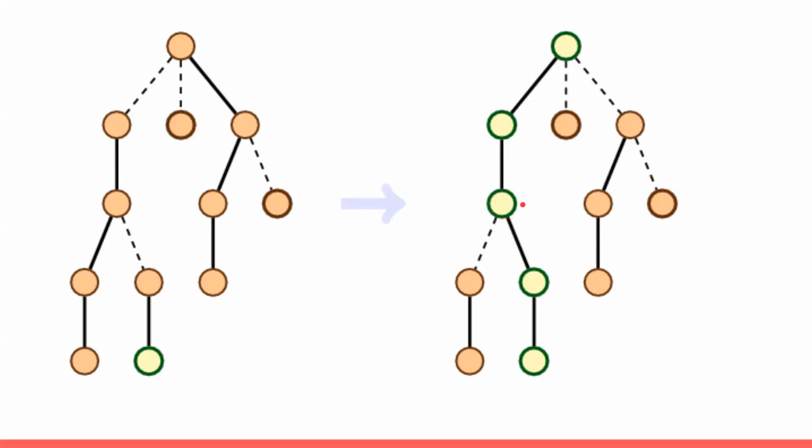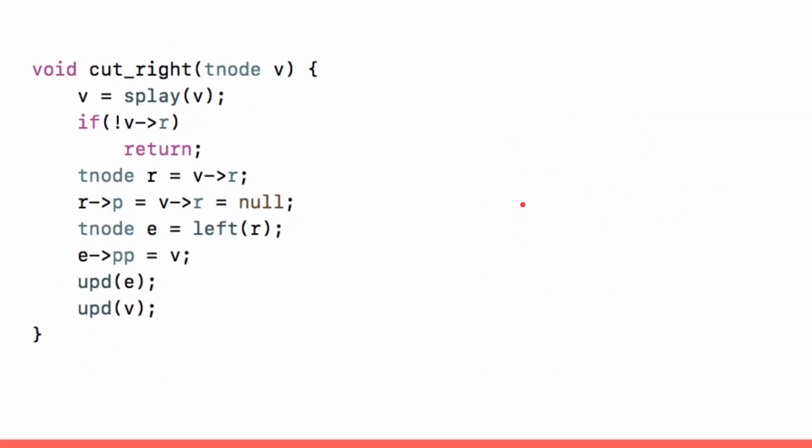after this vertex. Okay, let's come back to cut right. Cut right will remove all the edges, all the vertices that are located after this vertex in the split tree.